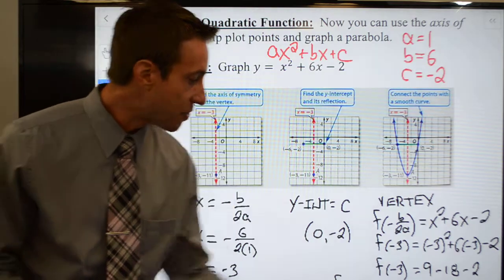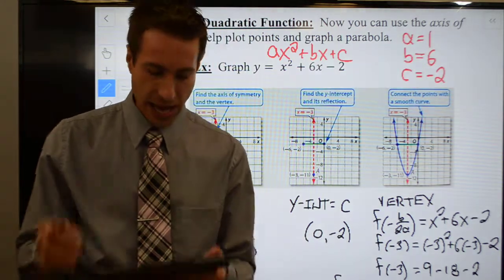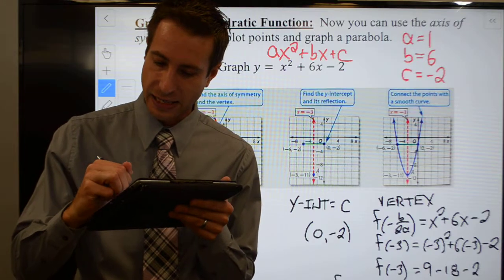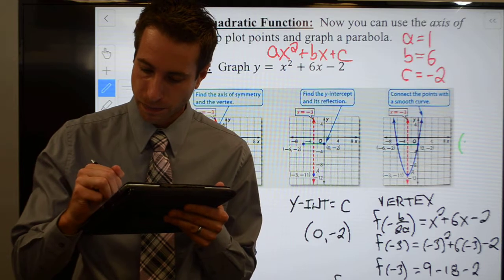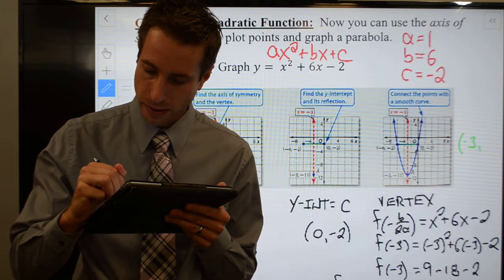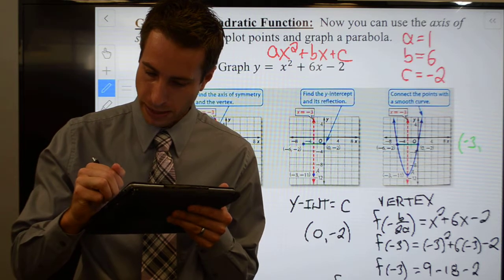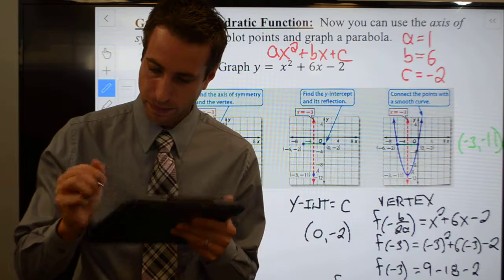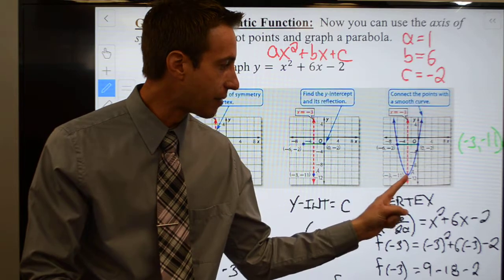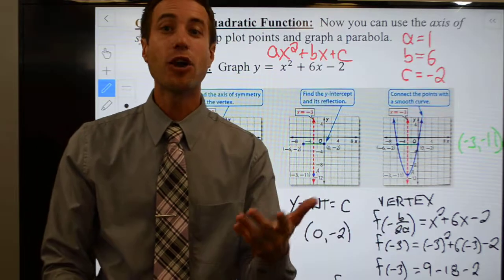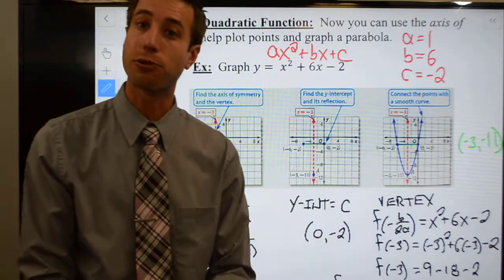Now remember, what this does is it gives me an ordered pair. In fact, this ordered pair, x was a negative 3. Y was a minus 11. So I plot that point. I plot negative 3, negative 11 right there. Then all you need to do is just connect your 3 points, right?